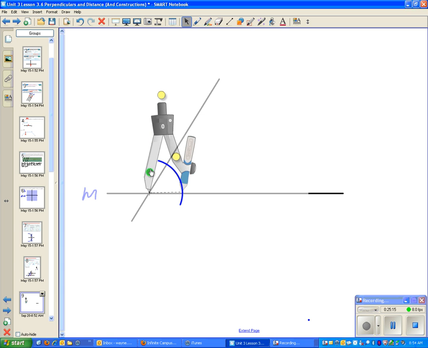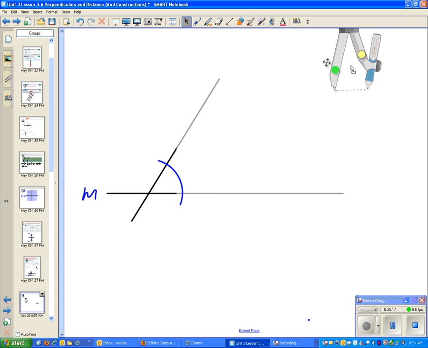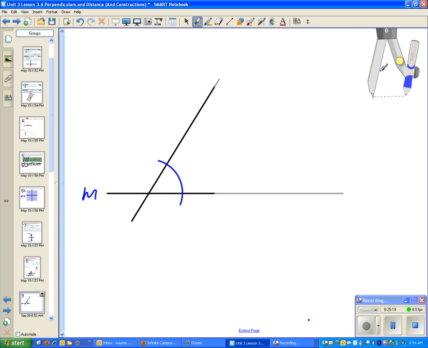Let's pick a point really at random to make our parallel line go through. So put that other point on the transversal.